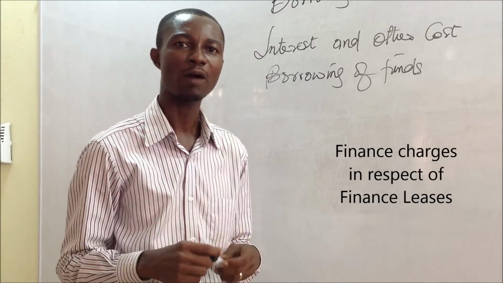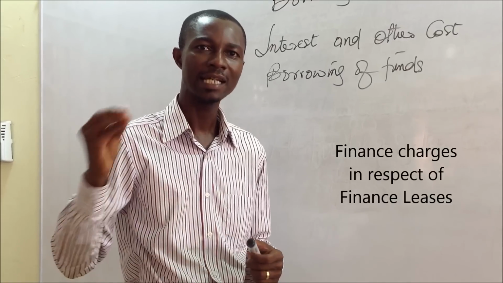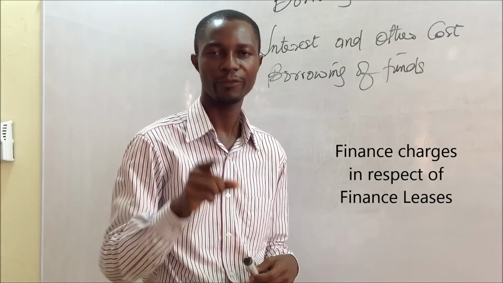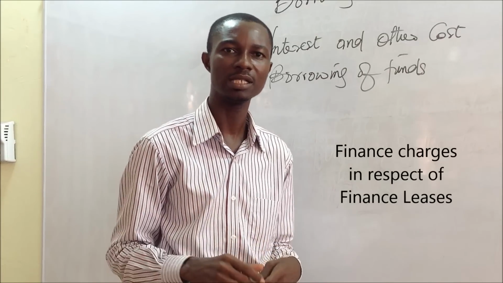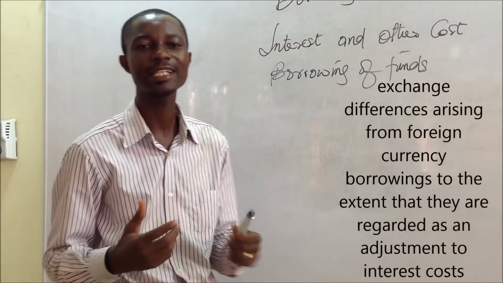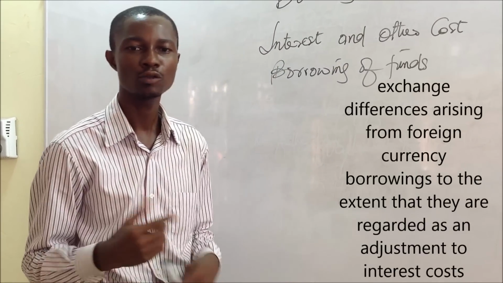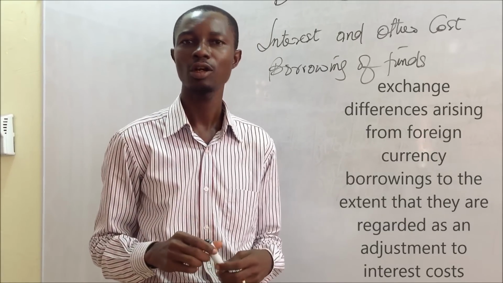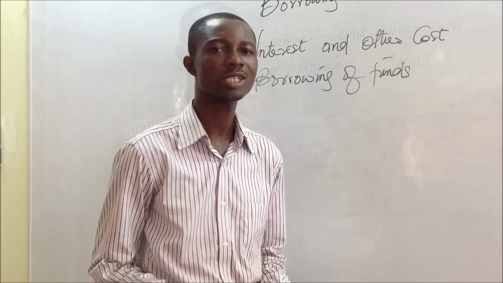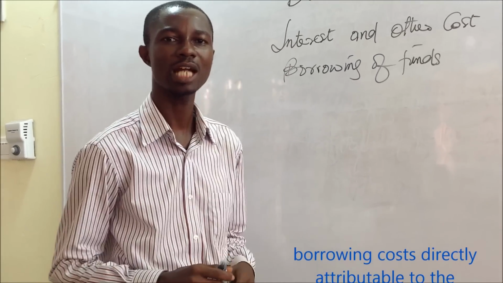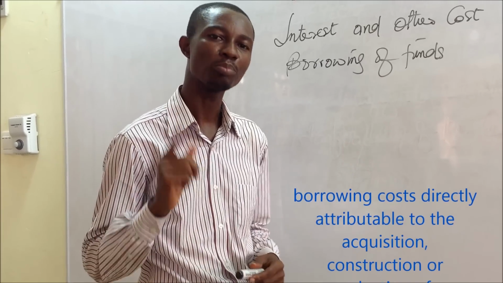So when you acquire an asset on a finance lease, the interest you pay on that finance lease, or in financing the asset on a finance lease basis, is also part of borrowing cost. Then 4, exchange differences arising from foreign currency borrowings to the extent that they are regarded as an adjustment to the interest costs.